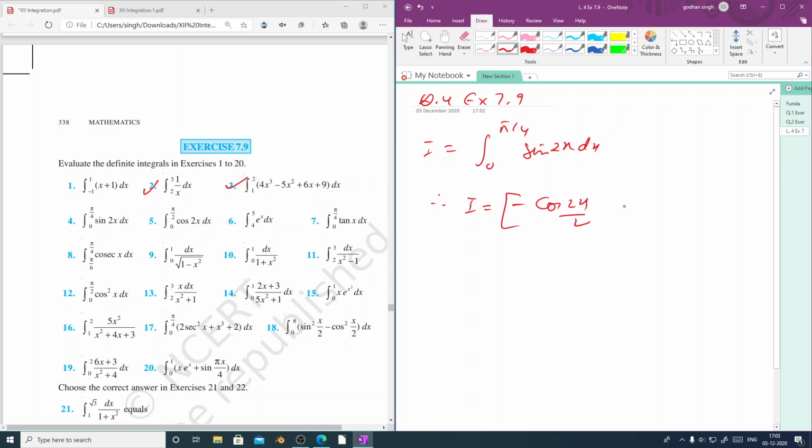and the limits are 0 to pi by 4, and therefore we'll first put the value of the upper limit, that is I equal to minus cos, in place of x we'll put the value of x, that is 2 into pi by 4, the whole divided by 2.